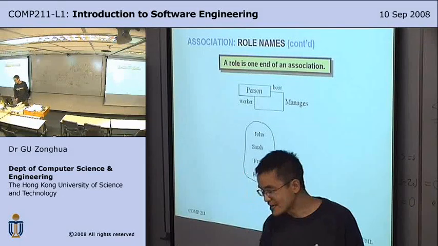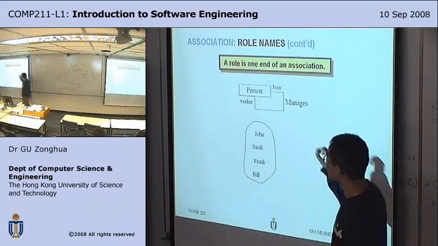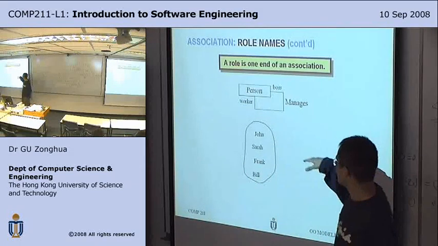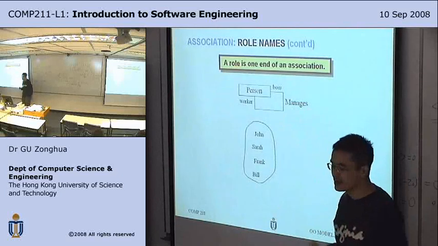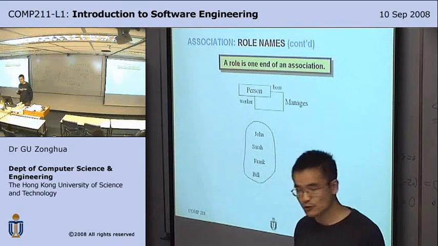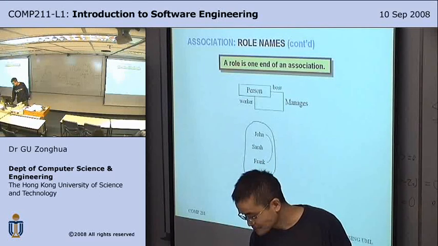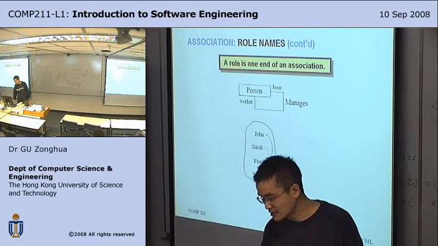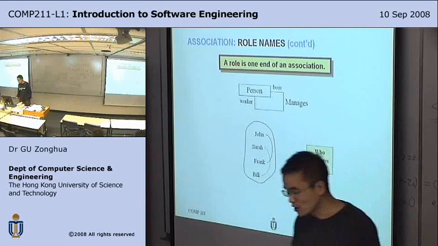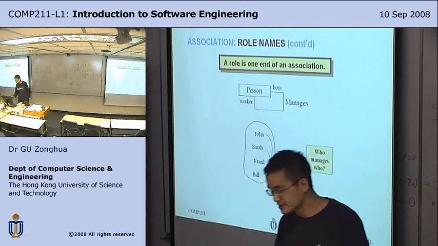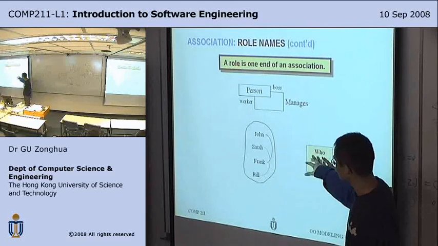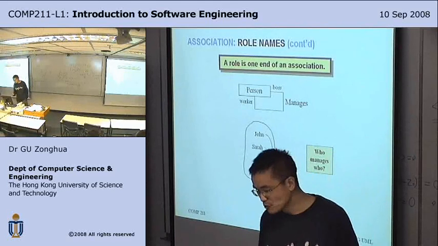But in this case, the role names are really necessary because if you don't have the boss or worker role names, you don't know which one is the boss, which one is the worker. So here, John and Frank are related as with the managers association, but who manages who?